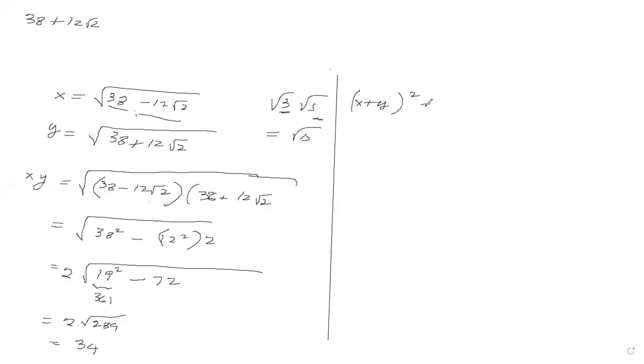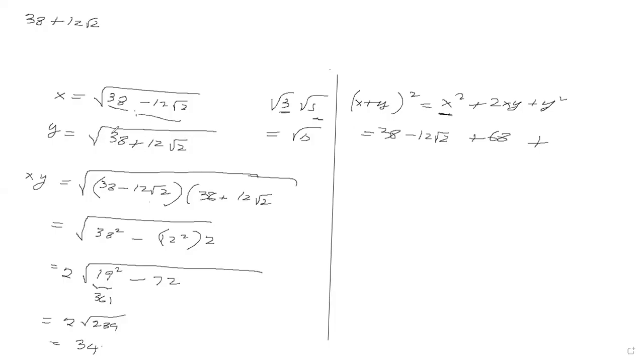Well, the usual rule is this: x squared plus 2xy plus y squared. Now x squared is 38 minus 12 root 2. Right? If I square this, the square outside the square root disappears. So you have 38 minus 12 root 2. That is x squared. We calculated xy. xy was 34. So 2xy is 68. We've just calculated that. Plus y squared, there's y here.